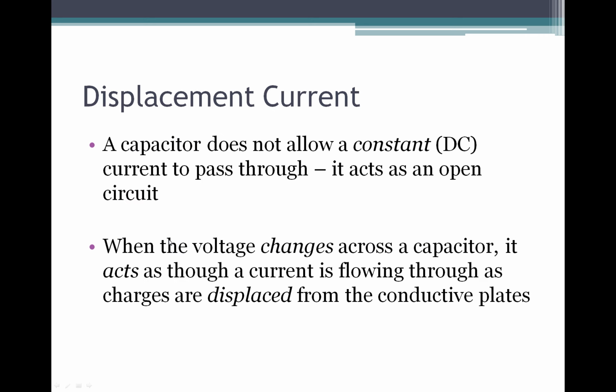All right, and that leads us to this concept of displacement current. So the capacitor does not allow a constant current to pass through it. It acts as an open circuit in this case. However, when the voltage changes or the pressure changes across this capacitor, it acts or behaves as though a current is flowing through as charges are displaced from the conductive plates.